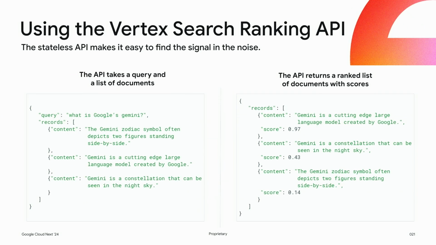So it's a pretty simple API to use. It's a stateless API. The input is your query, as you see here, and the pieces of content that you want to rank. And the output is, again, this set of records, which is re-ranked, and each of them has a score that indicates how relevant they are for the query.